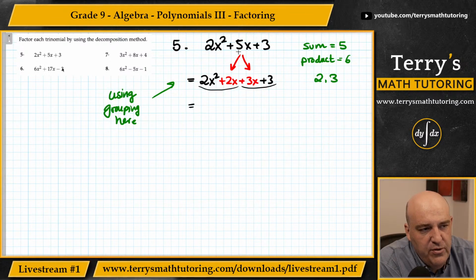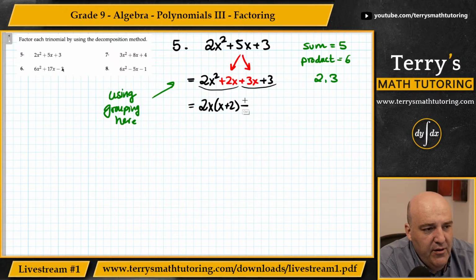After we decompose this guy, the 3-term expression now becomes a 4-term expression, and we can use grouping. So what's common on the first pair? 2x, right? So let's pull that out. We have x plus 2 left. What's common here is a plus 3.